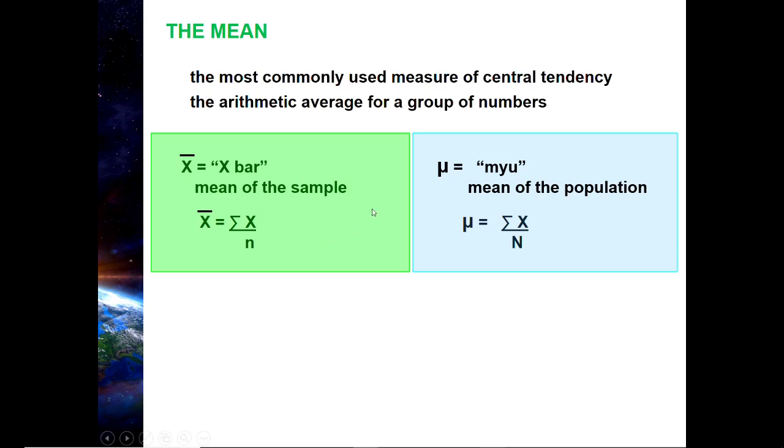A circle with a line on top. That was sigma as well. This has the same name, but it means something different. This sigma means add up. Add up all your scores, all your X's, and then divide by however many scores you have in your data set, in your sample.